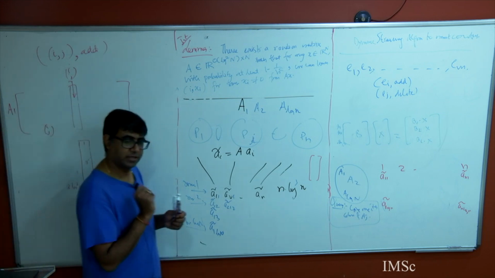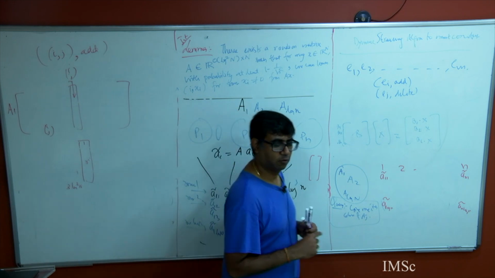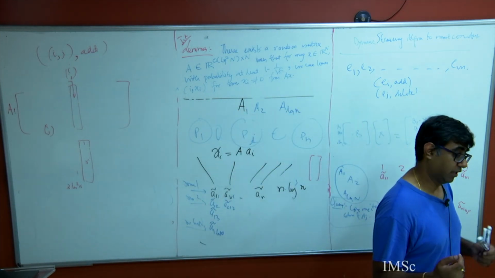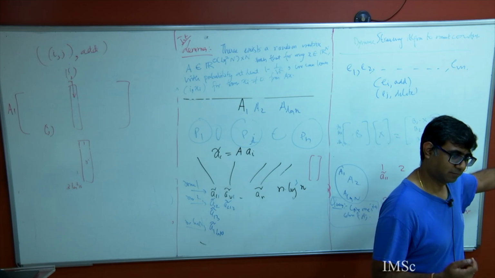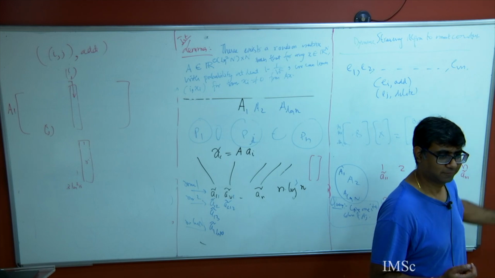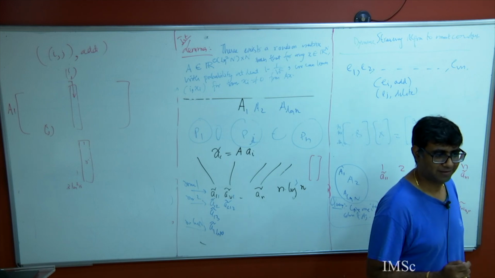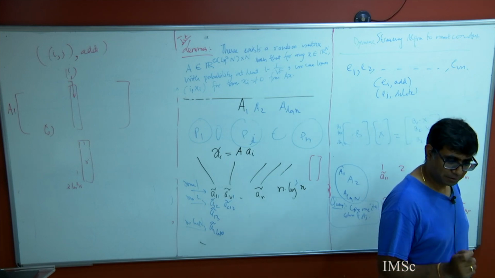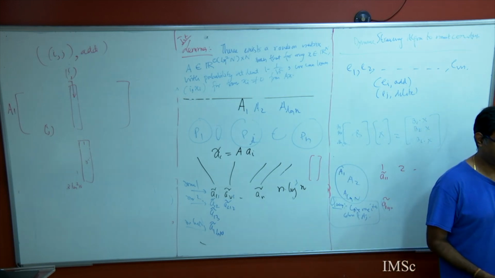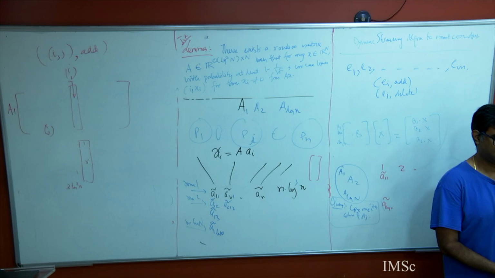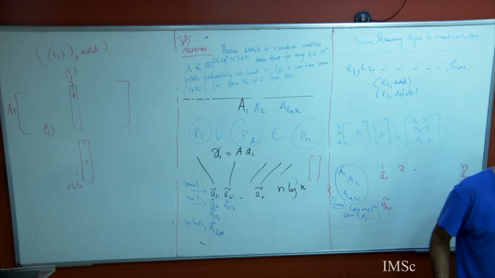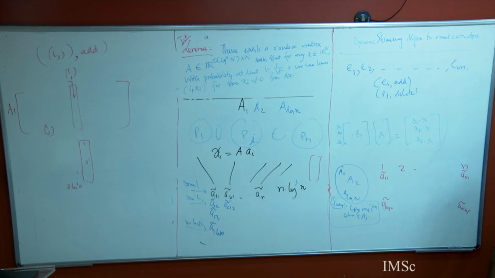Why? Think about it. Why? Second time when you generate, yeah, it would have been great. Yeah, I do this, but the matrices which you can get are different. But I want the same matrix, otherwise I cannot apply linearity.